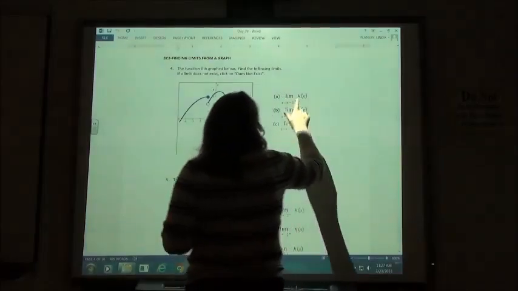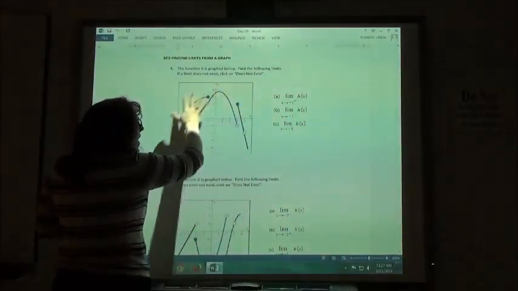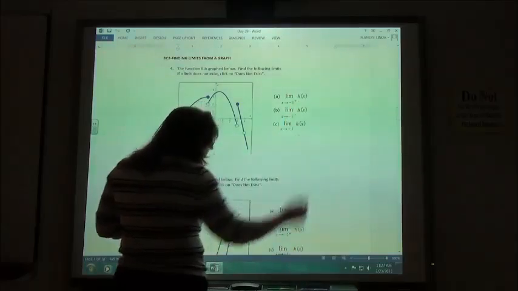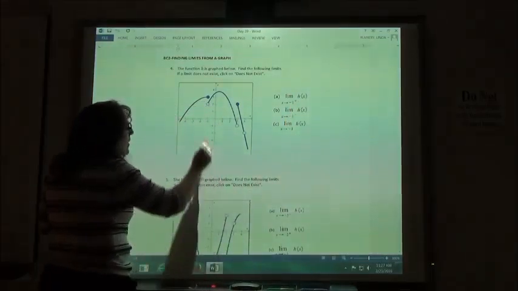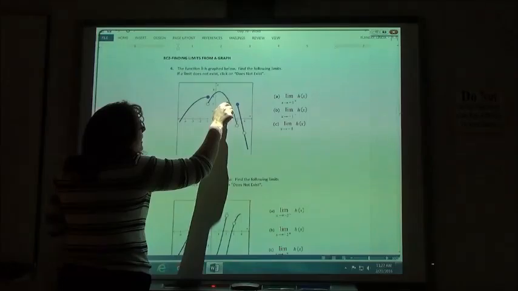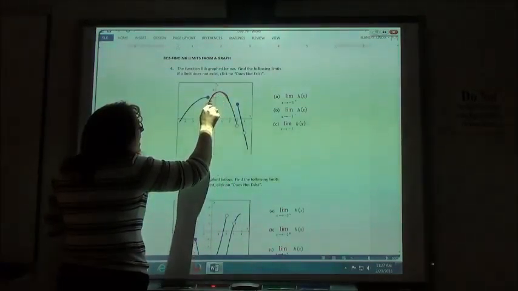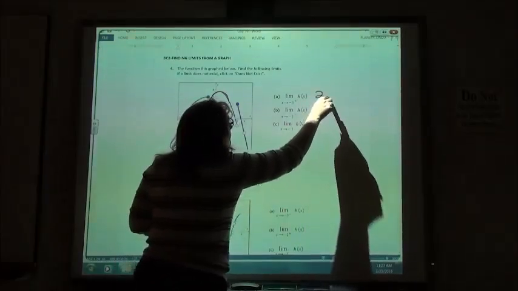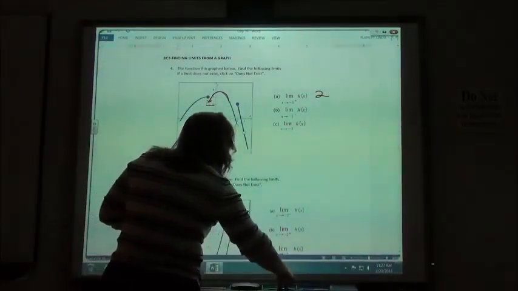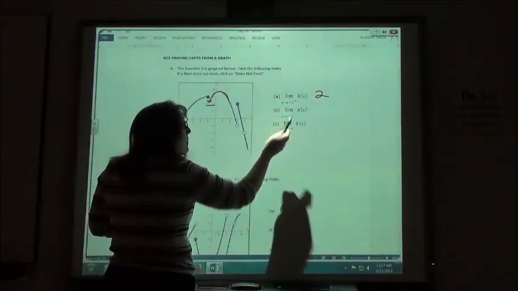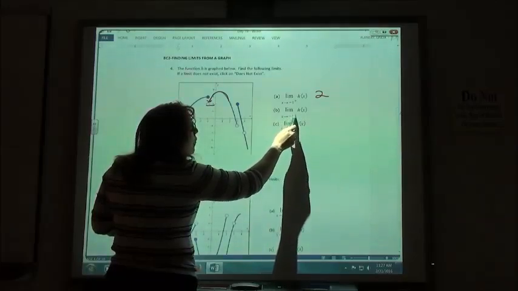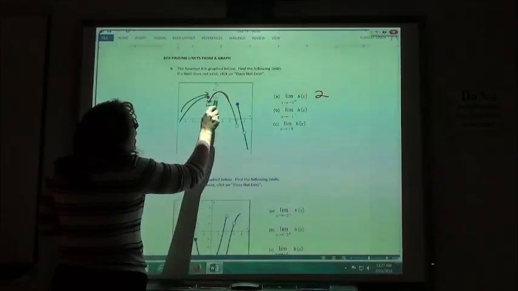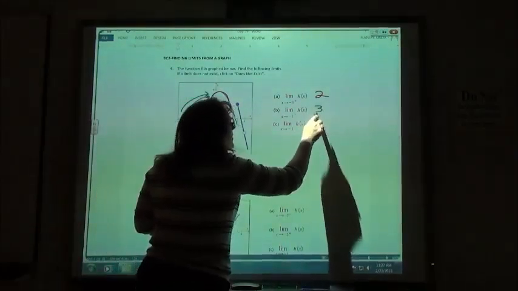So this is telling me, on my graph h, as x approaches -1 from the positive side. So here's where -1 is. As I approach it from the positive side, my value gets closer and closer to 2. If I do my limit of my function as x approaches -1 from the negative direction, I'm coming from this direction, I'm going to have 3 for my limit.